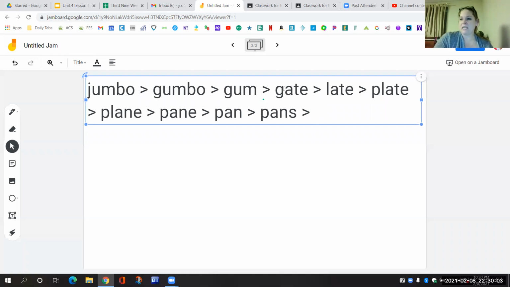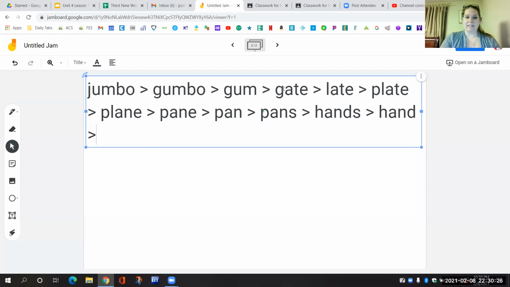All right. So now we're going to change the p sound to h. We have hands. That's a little bit of a stretch. I don't know where that d sound came from. But now we're going to say it without the z sound. So we have hand. Good.